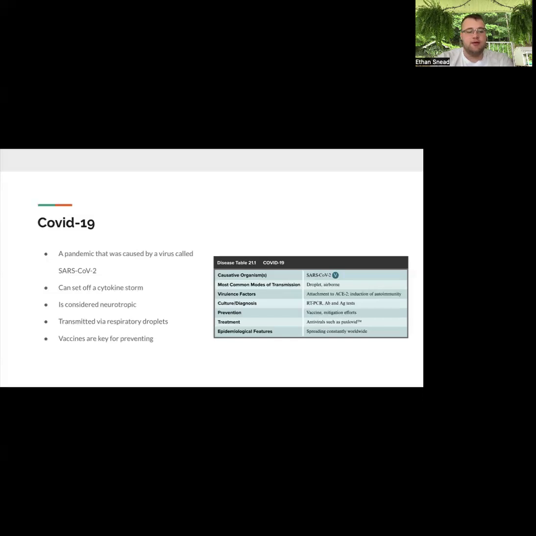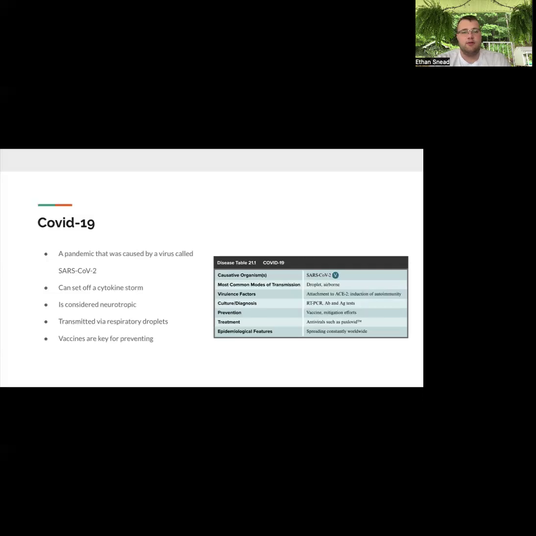It's transmitted through respiratory droplets and is also airborne. Thus, it can infect people by direct and indirect contact with others, or just by being out in an environment where somebody who has had the coronavirus has been. As we remember, vaccines were the key to trying to prevent this virus.